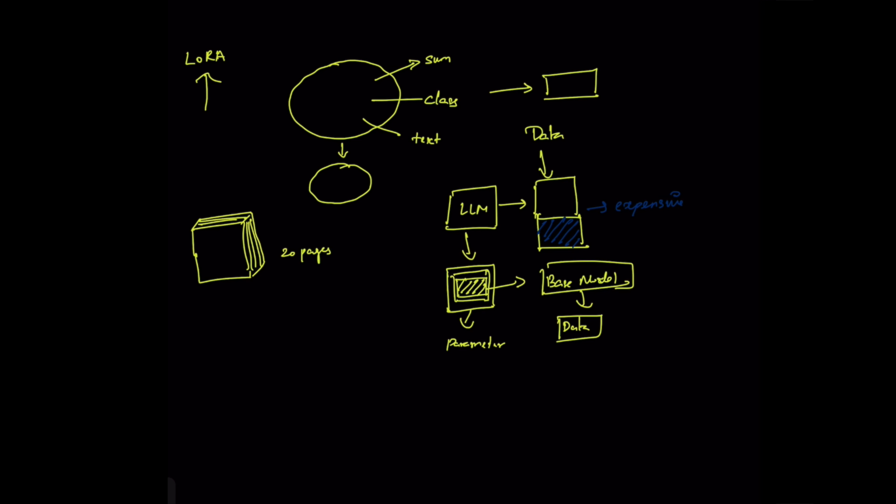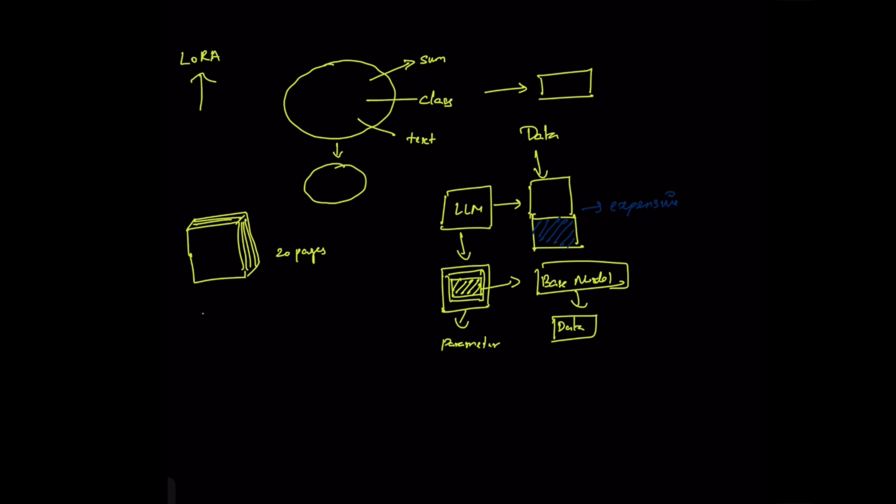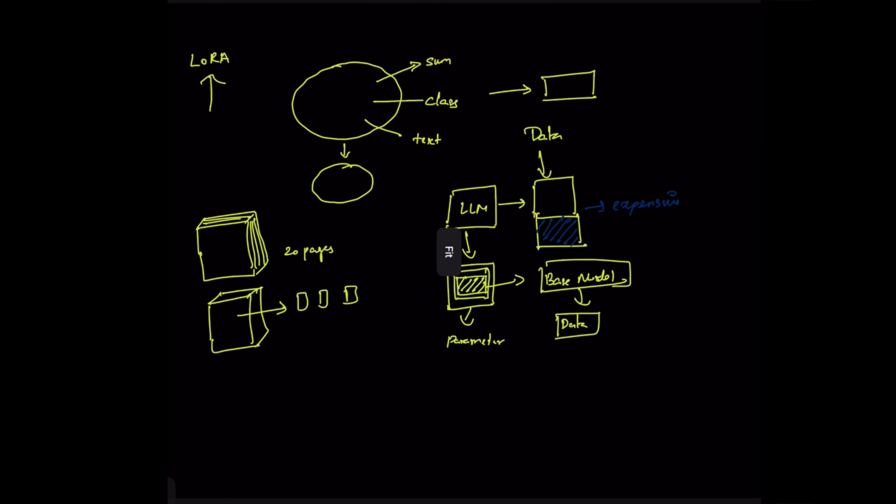So what I do is I just add sticky notes to it. I give this book to a person who actually knows about it, and they add sticky notes here and there, on every page, small notes about each topic, like a form of summary. So if I do this, with around 20 pages, I can have 20 sticky notes.